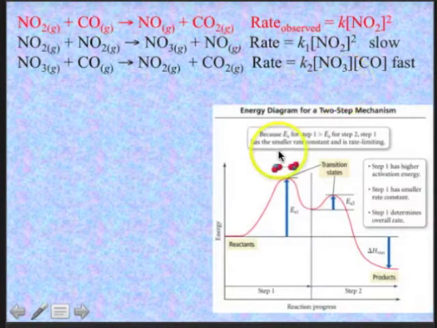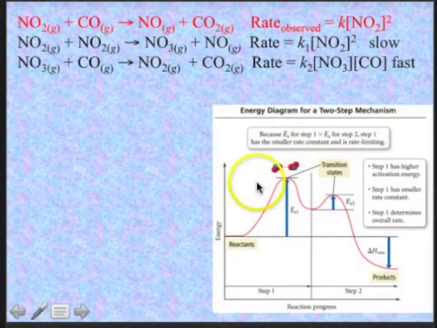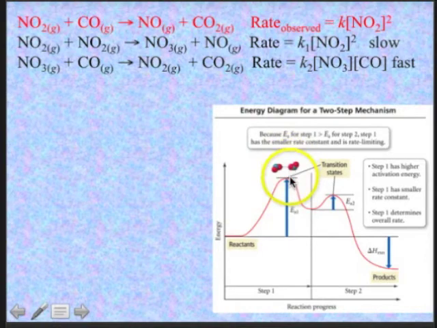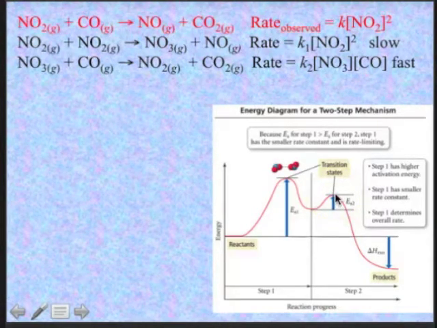Now, if we take a look at an energy diagram for this mechanism, what we see is we have a high activation energy first. That corresponds to a slow step because, remember, the higher the activation energy, the slower the reaction is going to be. In the fast step, you have a much lower activation energy, and that does not impede the rate of the overall reaction.